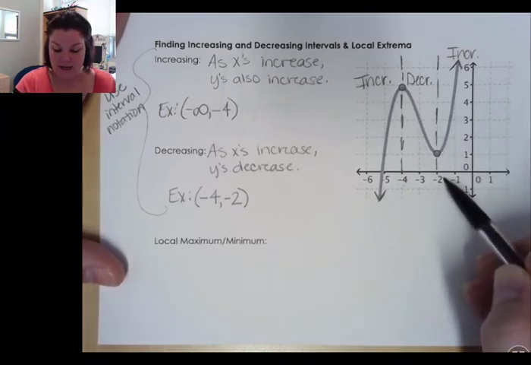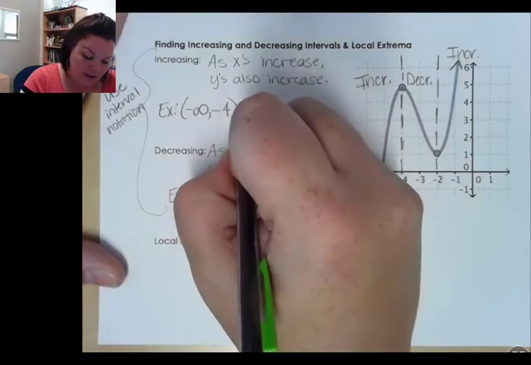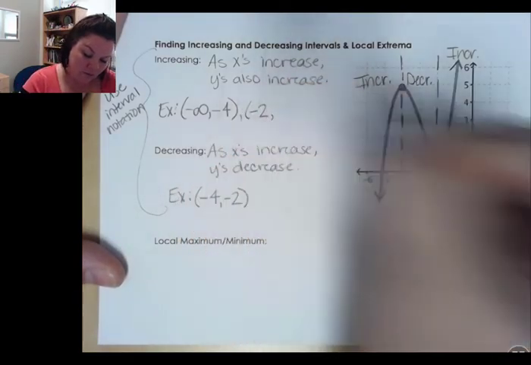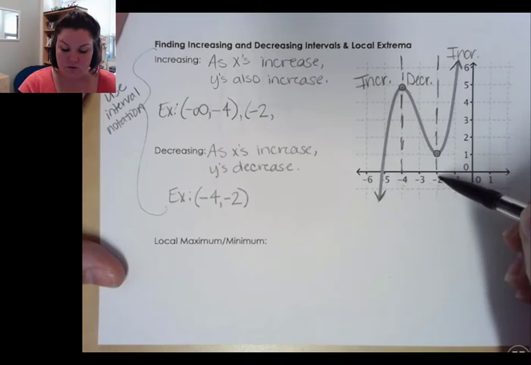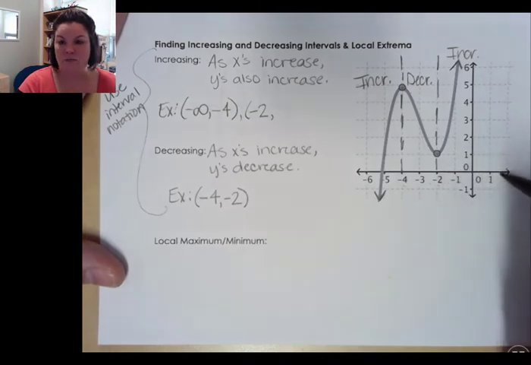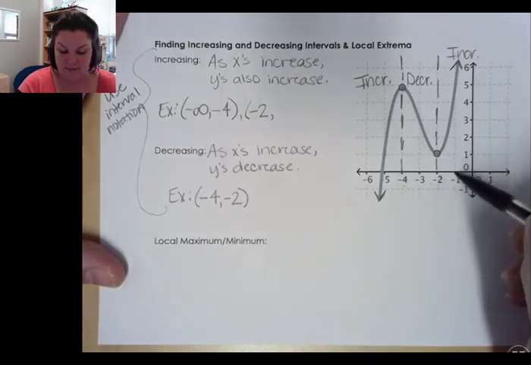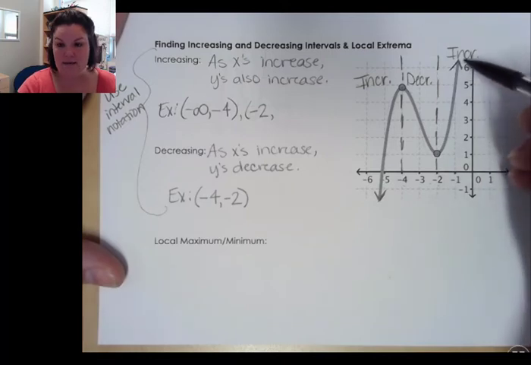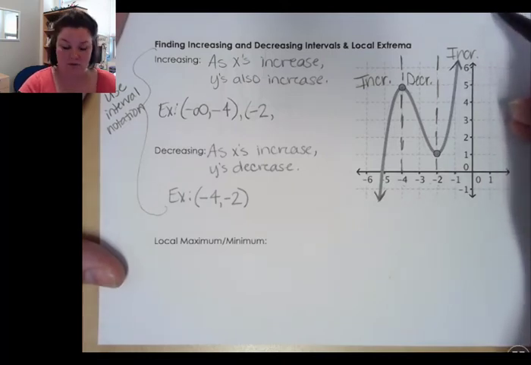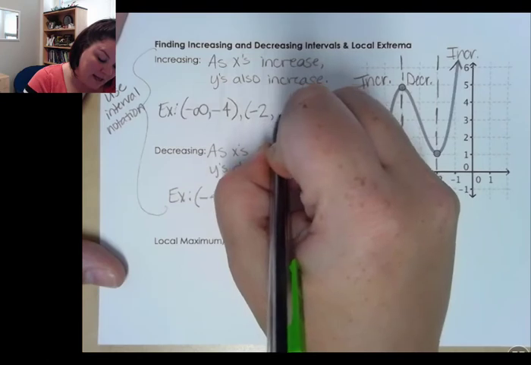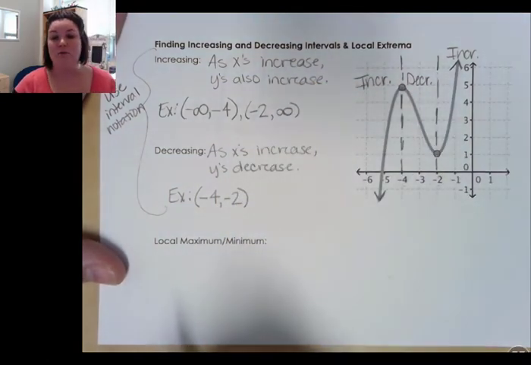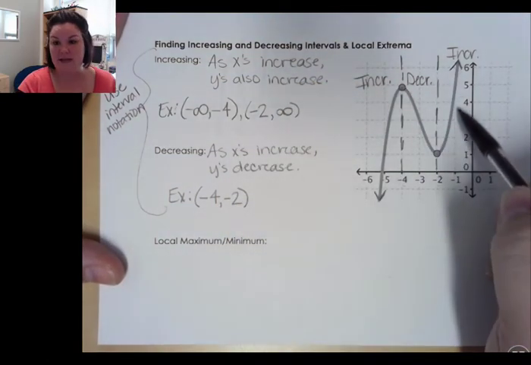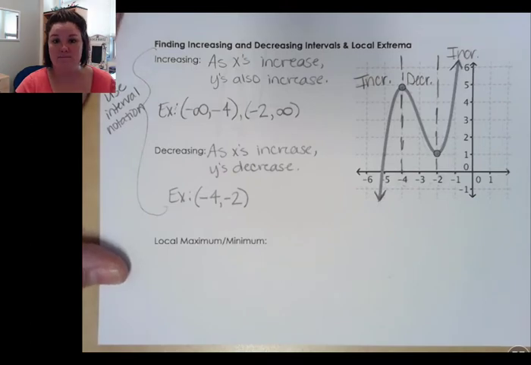So starting at -2, now we're going to have another increasing interval that keeps going as we go right. As my x's keep getting bigger, this is going to keep going and increasing. So it's going to increase from -2 to infinity, as far to the right as this function goes. Okay, a couple of things to mention.